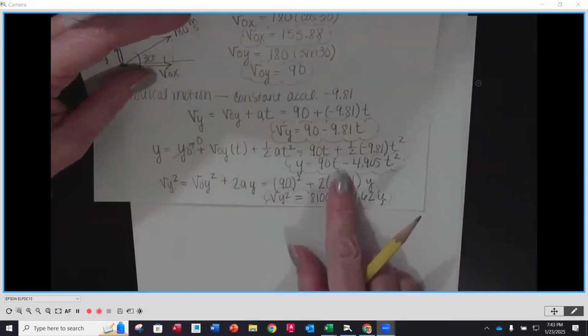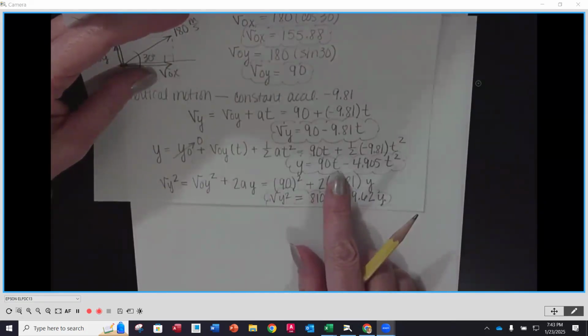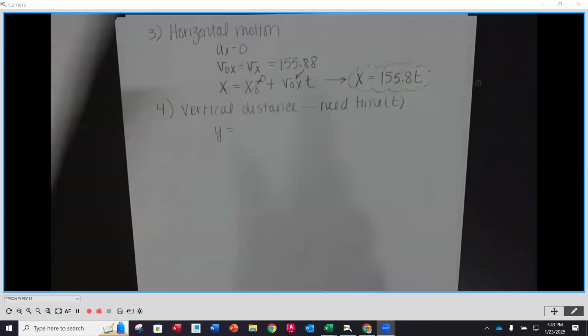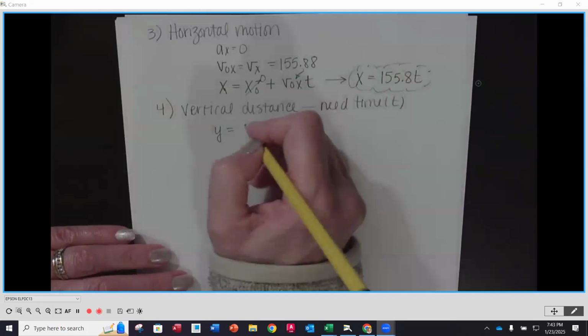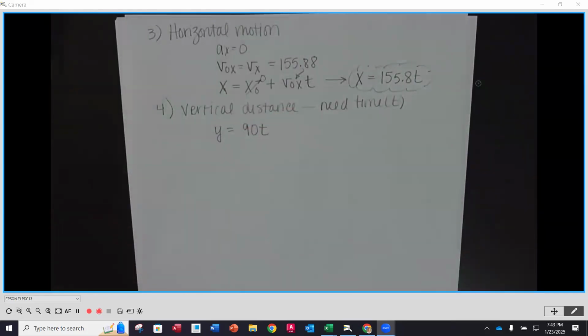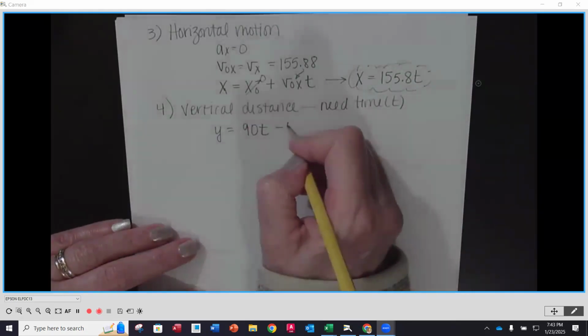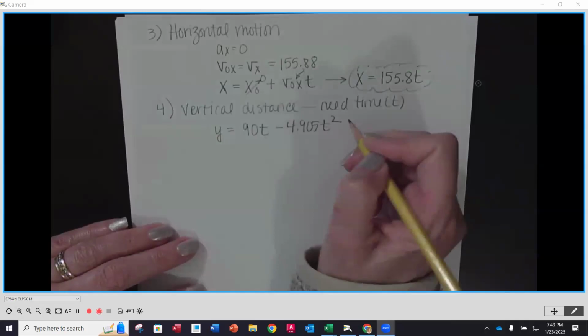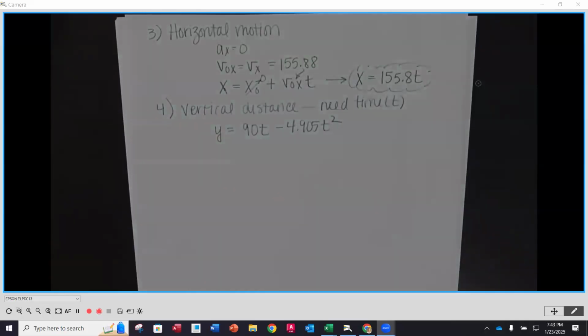So y is equal to 90t, that's how much we throw it up, and then minus the effect that gravity has on it, 4.905 t squared.